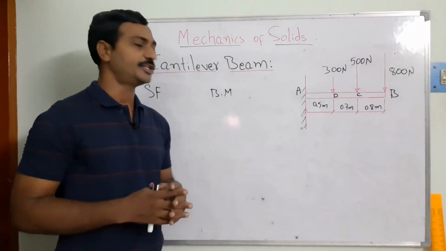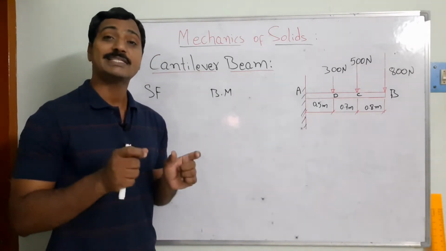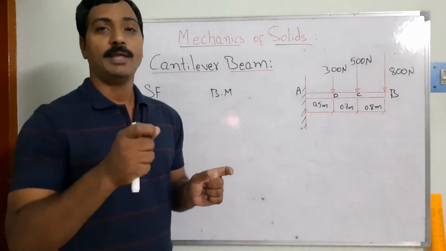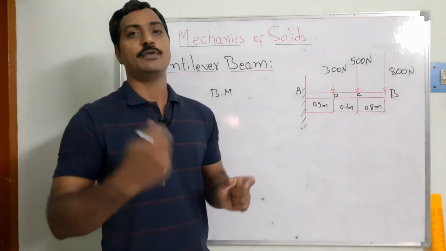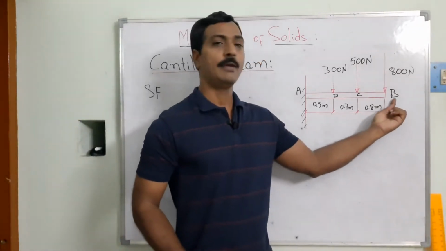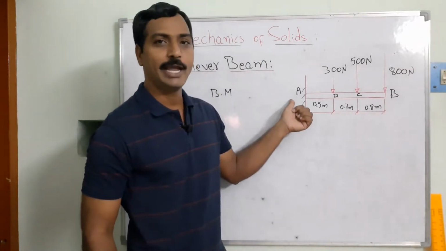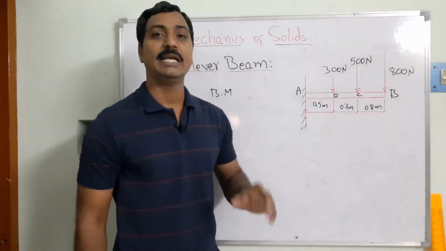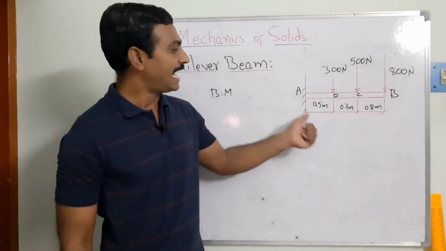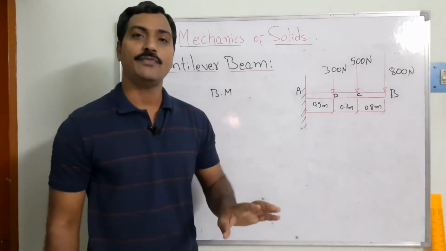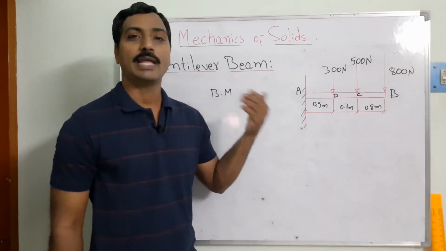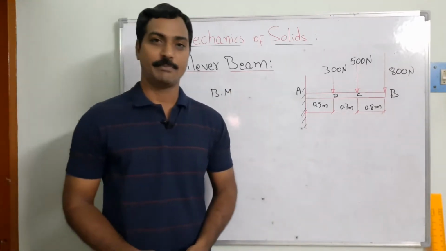Already we know the shear force is defined as the algebraic sum of the transverse forces acting on a beam towards the right side or left side we are going to consider. Because we are not drawing any free body diagram for the cantilever beam, it doesn't require identifying the reaction forces at A. Without identifying the reaction forces, we can calculate the shear forces as well as the bending moments.